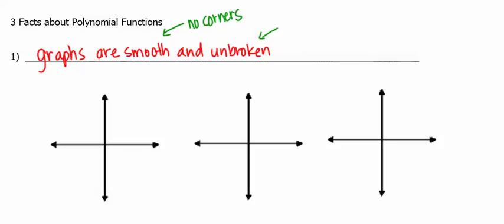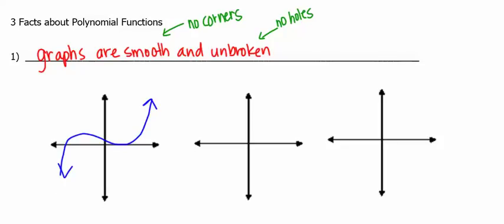Unbroken meaning there's no holes or vertical asymptotes like we have in f of x equals 1 over x. I'll show you an example of smooth and unbroken. Here's smooth and unbroken. Could have been just a little smoother right there, but smooth and unbroken.